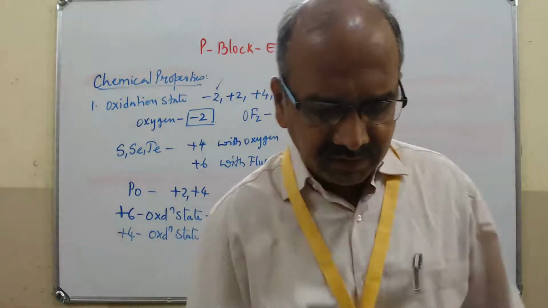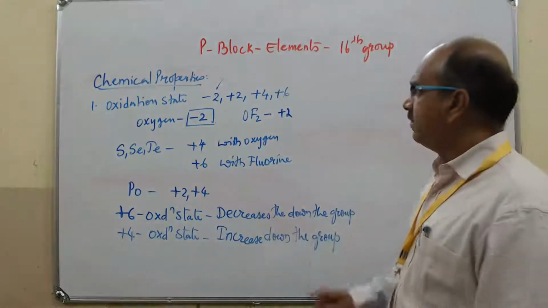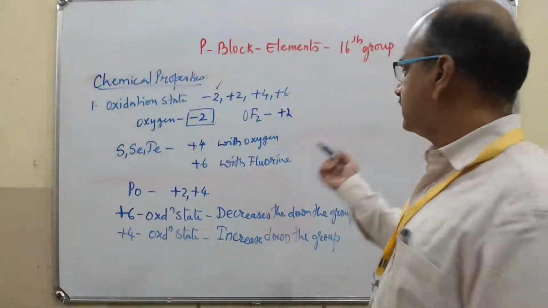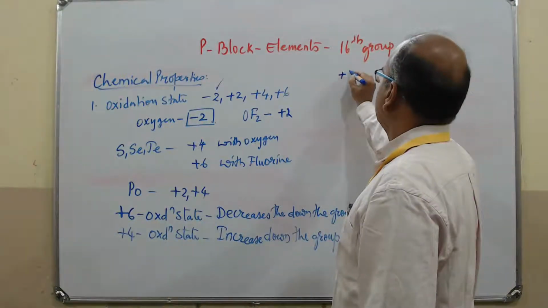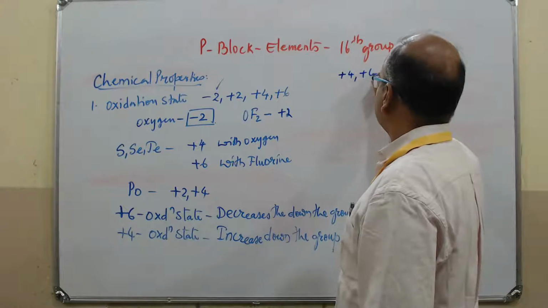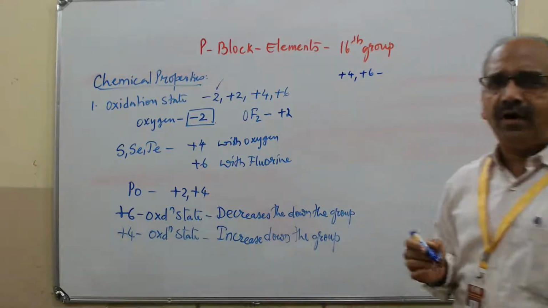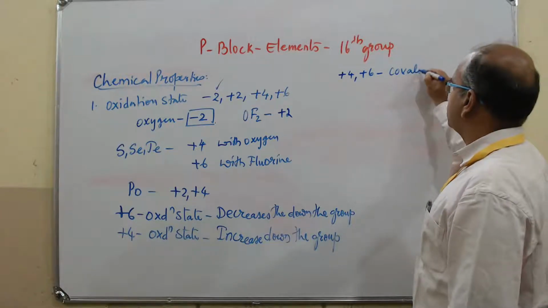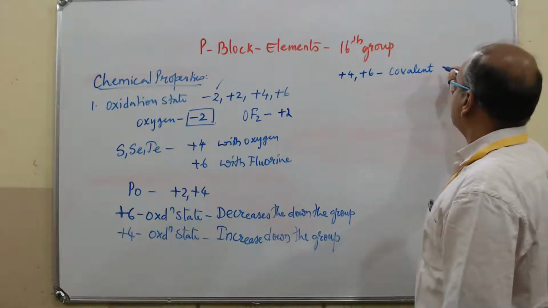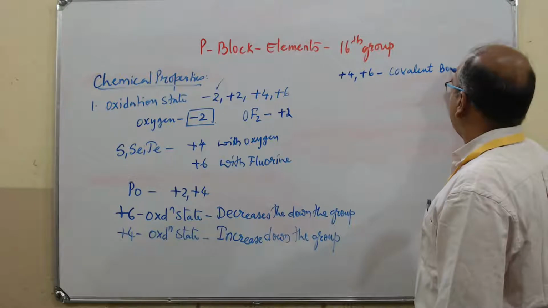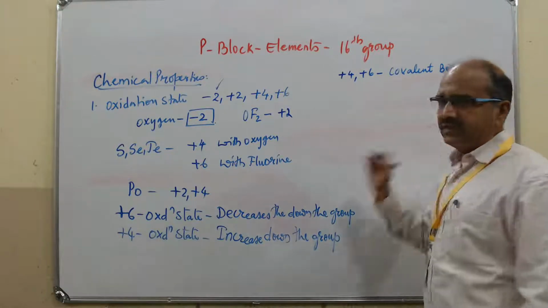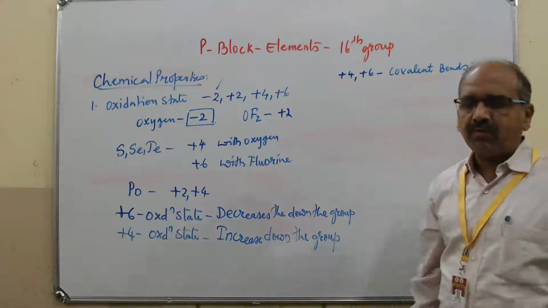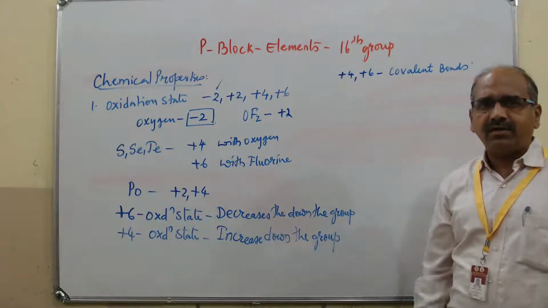One more thing regarding this: the +4 and +6 oxidation states usually form covalent bonds. What is the reason for this? Because the electrons are promoted to the vacant d orbitals.